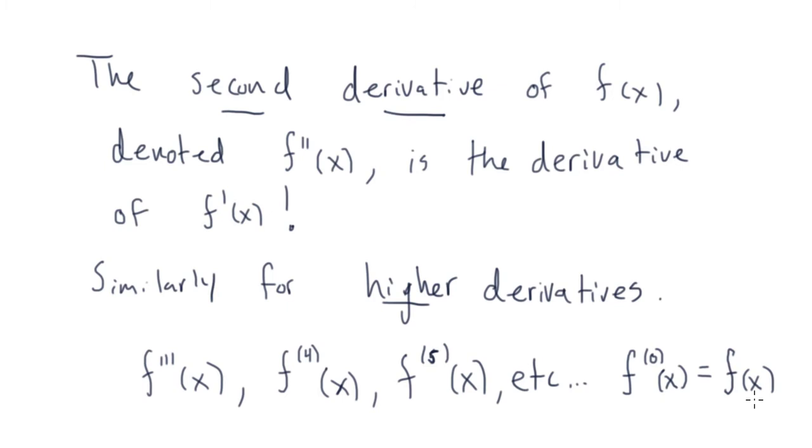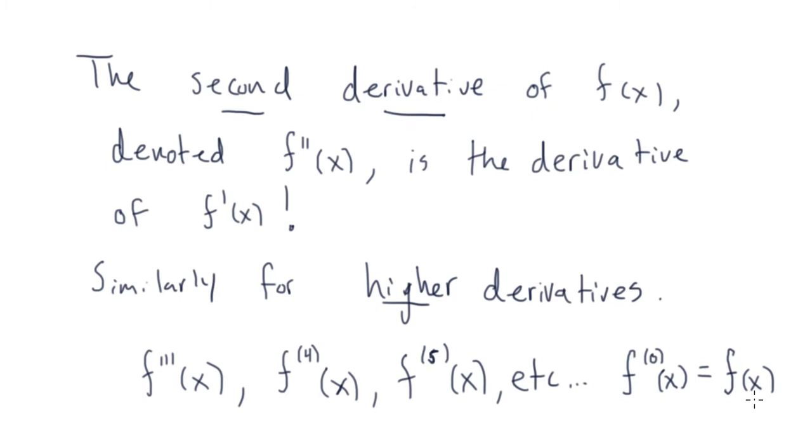Now in applications, this is really important. Think back to velocity. So the velocity tells how a position function is changing. But what is the derivative of a velocity function? Well, it should be telling us how the velocity is changing. That's called acceleration.